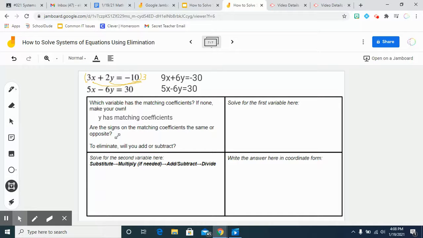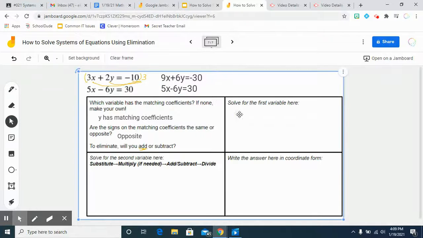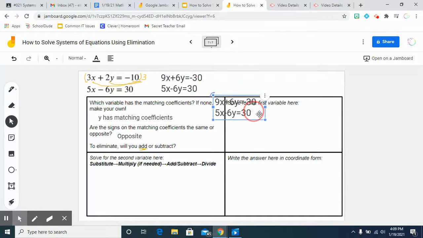So I'm going to say that they are opposite. And because they're opposite, we will be adding. So I'm going to take my system of equations, put it over here, and we're going to solve for our first variable.